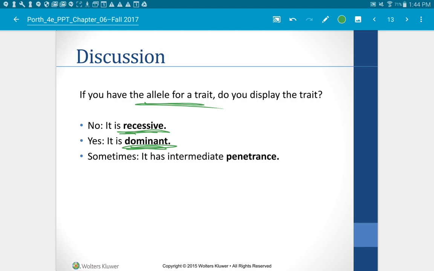If you have at least one copy of it, you're going to display that trait. And then the sometimes answer is, remember that idea of penetrance with that autosomal dominant disorder, where even if you have it, there are some diseases where it doesn't guarantee that if you have the genetics that it'll actually present the actual phenotype or syndrome.